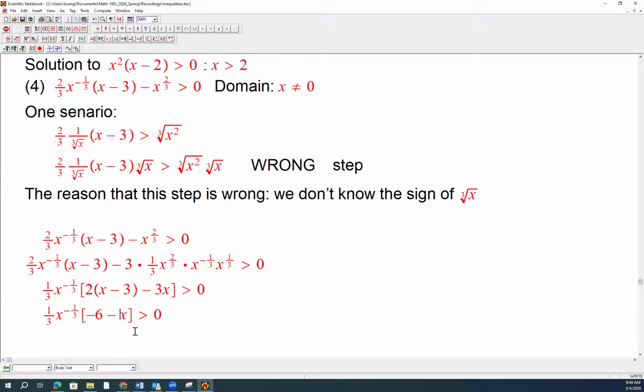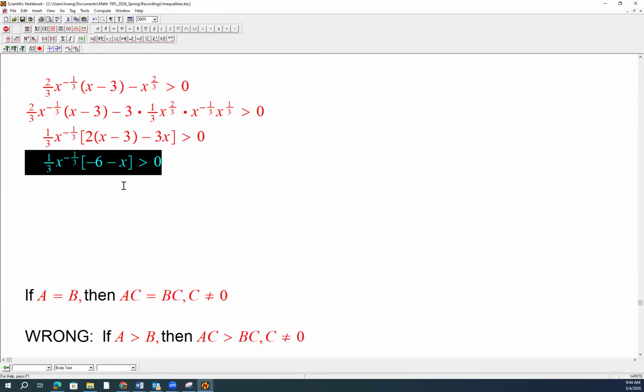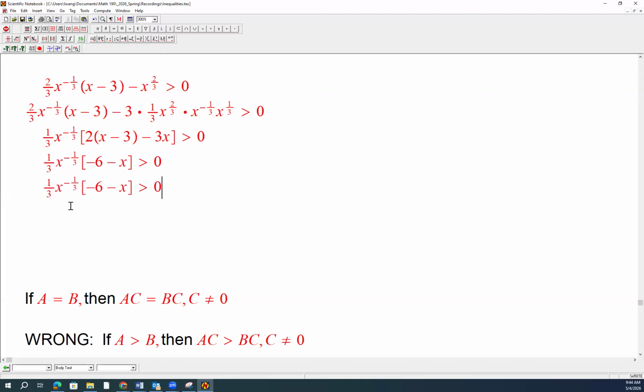Here, if you like, you can factor out the negative sign if you want. It's not entirely necessary, but if you want to, you can. We bring out the negative sign, so we get a 6 plus x. So that's considered factored. And how do we go from here?